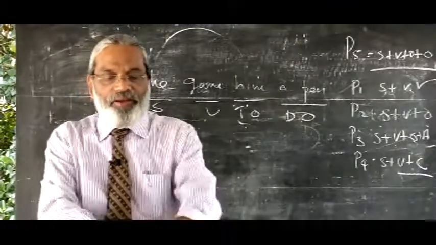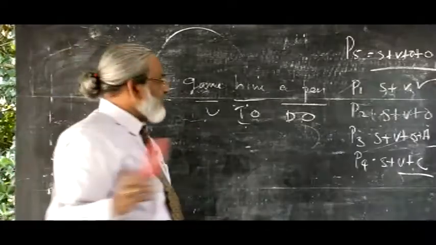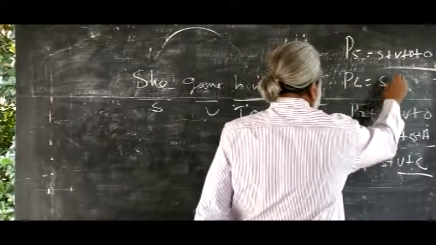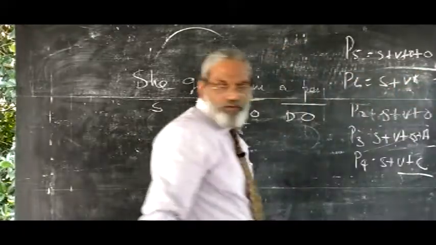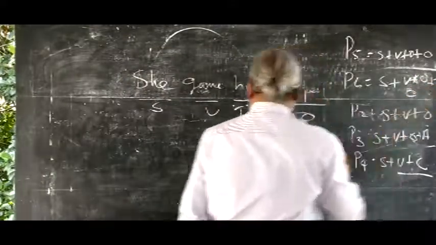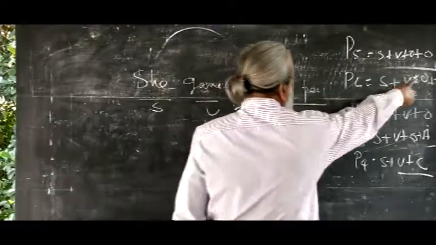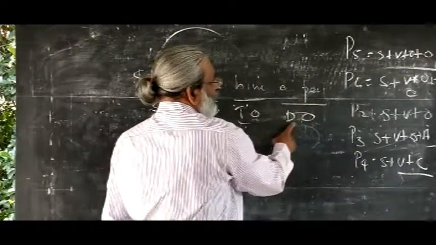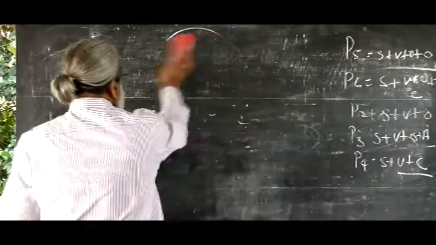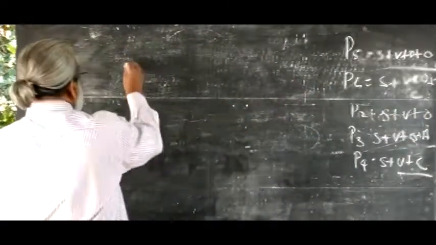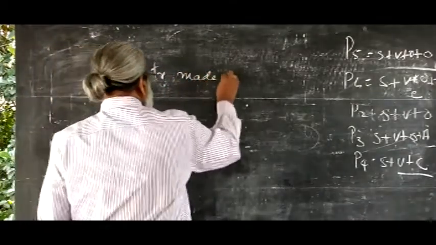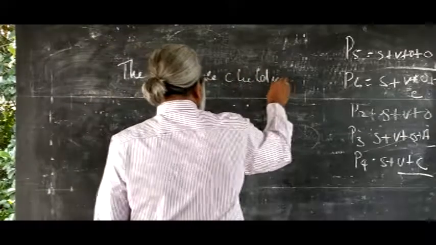Again we go to pattern number 6. Let us study pattern number 6: S plus V plus O plus C. In the same way, the O comes, and at the last, instead of another object, we apply C, meaning complement. Example: the teacher made children happy.